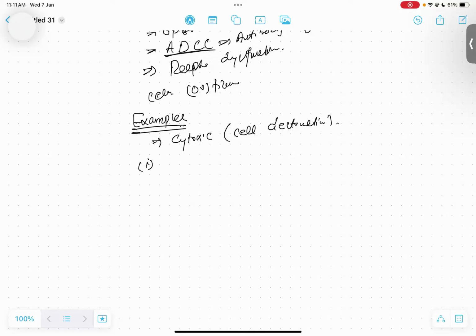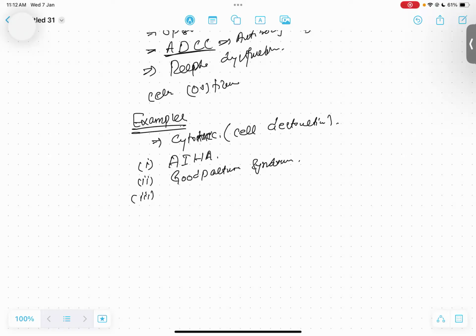What are the cytotoxic destructions usually caused by these antibodies? Autoimmune hemolytic anemia first. Second one is transfusion reactions, excellent, and Goodpasture syndrome.